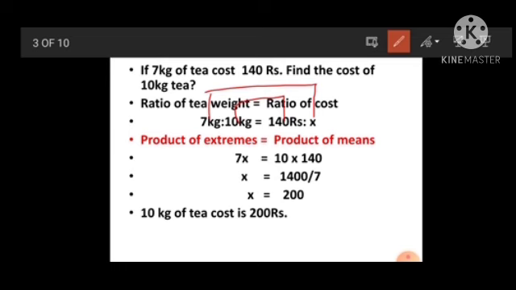So x equal to 10 multiplied by 140, 1400, divided by 7. 7 is a multiplication, going to the right hand side it is a division. So 1400 divided by 7. 7 ones are 7, 7 twos are 14, 0, 0. So x is equal to 200. So 10 kilogram of tea costs 200 rupees.